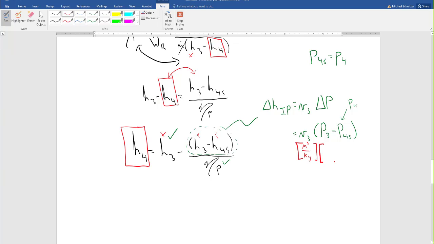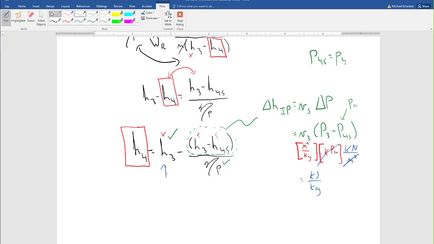Pressure, I remember Dr. Schertzer told me to talk about kilopascals, because kilopascals is equal to kilonewtons per meter squared. And the cool thing about that is this is going to be kilonewton meters per kilogram or kilojoules per kilogram, which is good because that's the same thing that I looked up H in when I looked it up on the table.